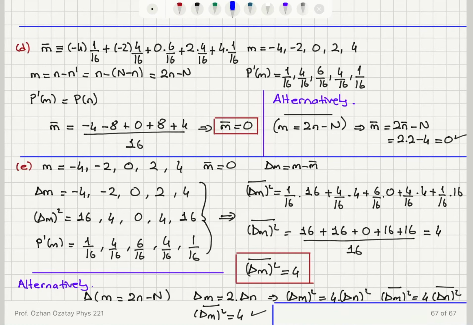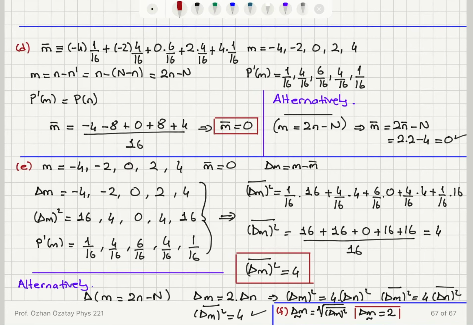Because it's just one line, delta m tilde is basically the square root of the variance, the average value of delta m squared, and that's going to be equal to 2.